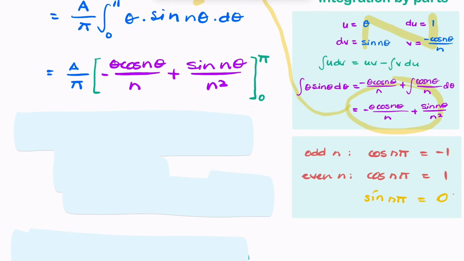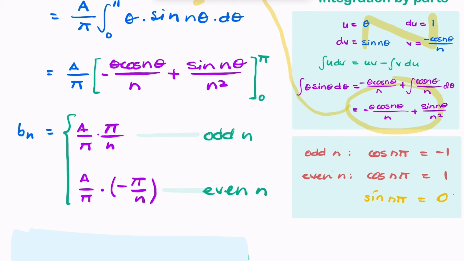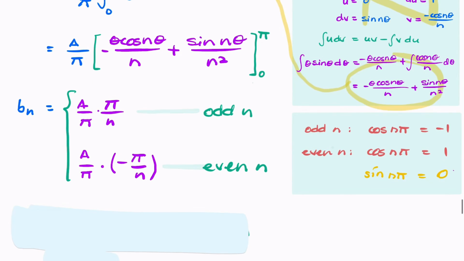And again, for odd values of n, cosine n pi is minus 1, and you've got a negative there, so you've got a negative negative, so that gives you your positive. And when you substitute 0, even though that is a 1, you're multiplying by 0, so there's nothing really to subtract. So there's no point substituting 0.